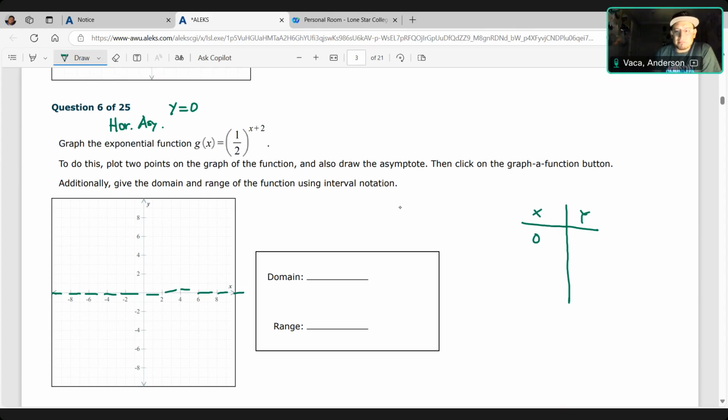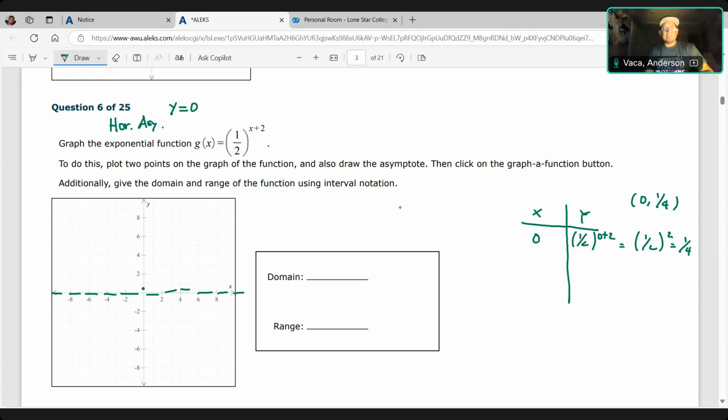If x equals 0 and we plug it in, that will be 1/2 to the power of 0 plus 2, which is 1/2 to the power of 2, which is 1/4. Again, ladies and gents, you can type the ordered pair 0, 1/4. We can actually plug this in. 0, 1/4, so somewhere around here.